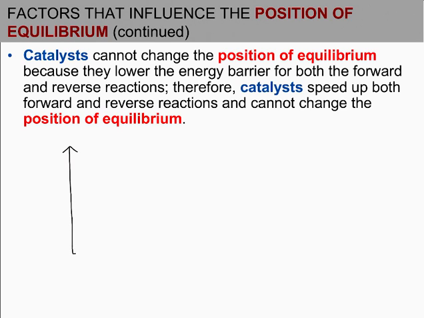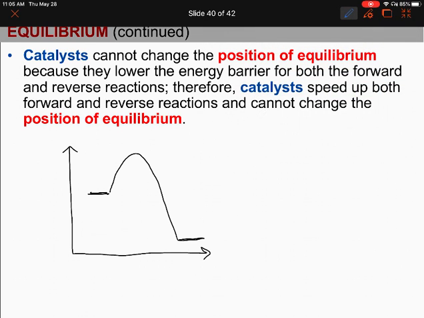So if we draw our energy diagram, let's say the original activation energy is quite high, but if we add a catalyst, it becomes much lower. So this is our catalyzed pathway.